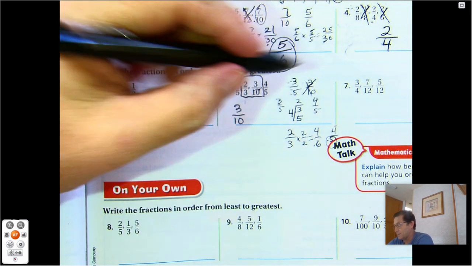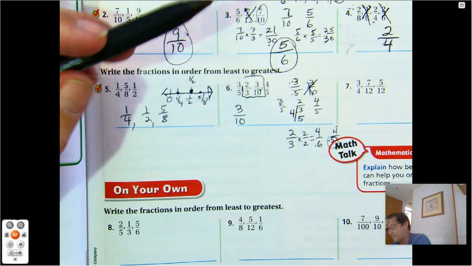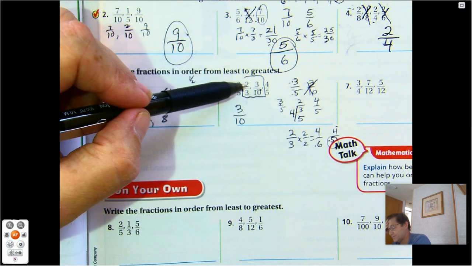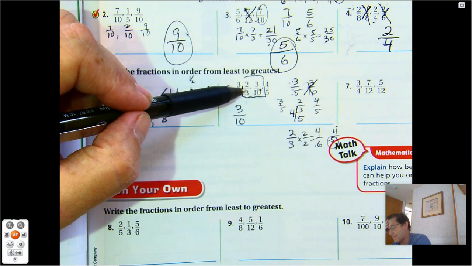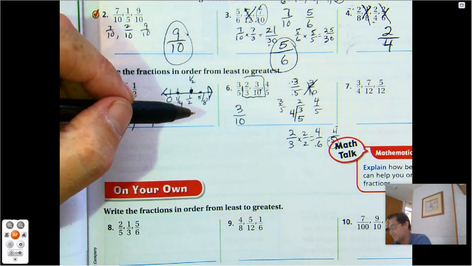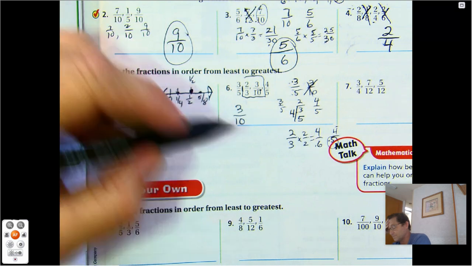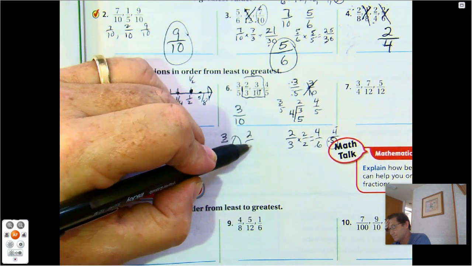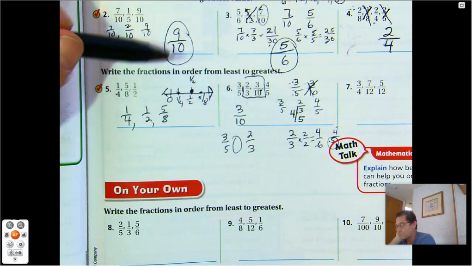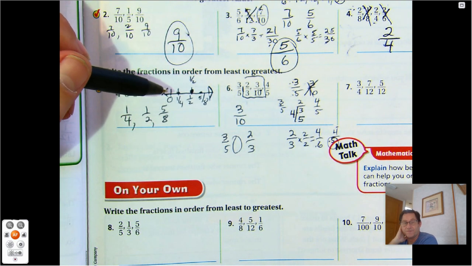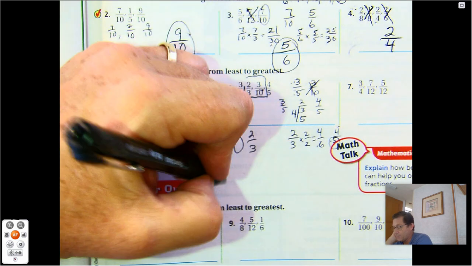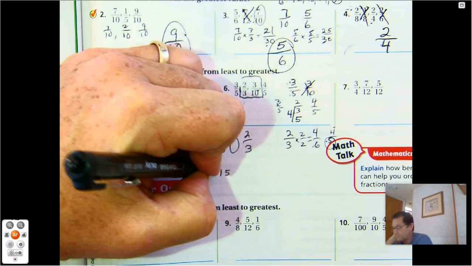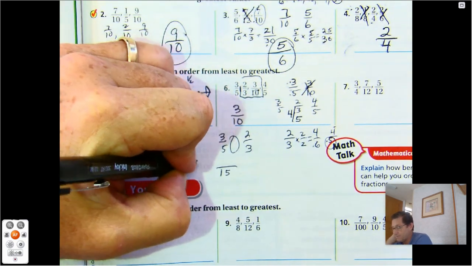Now we have 2/3 compared to 3/5. Let's find a common denominator of 15. We're going to multiply 3/5 by 3 over 3.